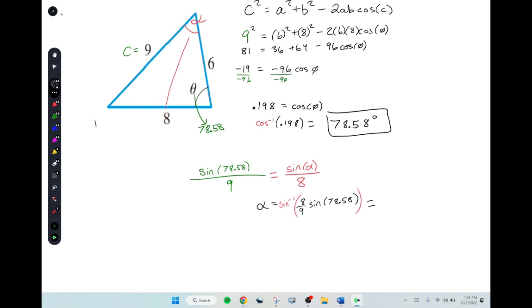So the sine of 78.58 times 8 divided by 9 is... oh, I haven't arc sined yet.